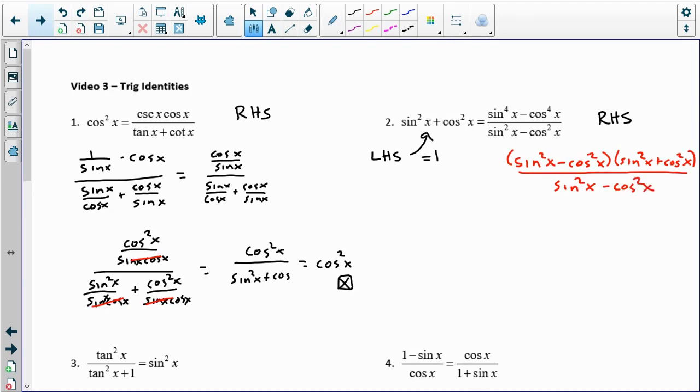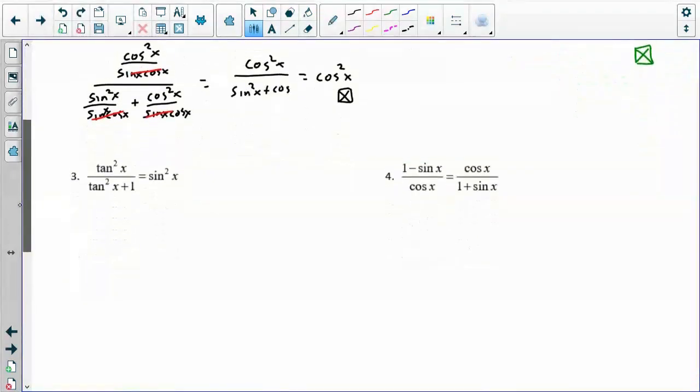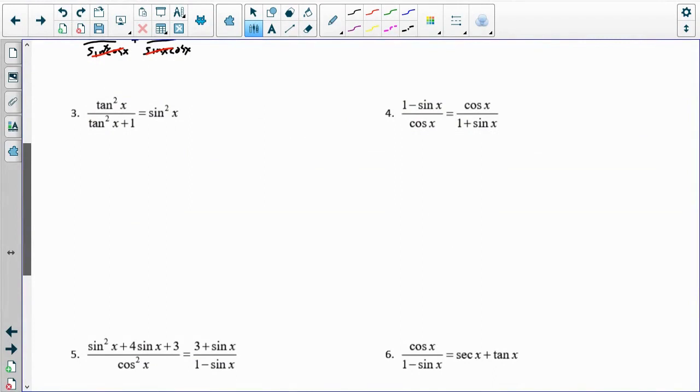Now this ends up being even simpler than I thought, because these cancel, and I didn't even have to simplify this side to be 1, because sine squared plus cosine squared is exactly the left-hand side. But I could have, if I wanted to, and made both sides 1, and that would have been okay.